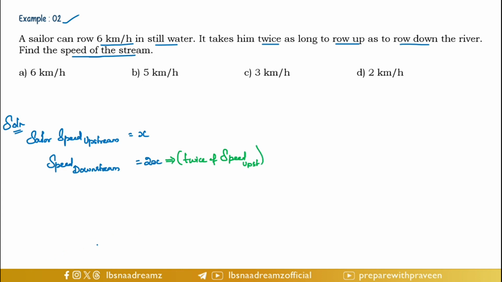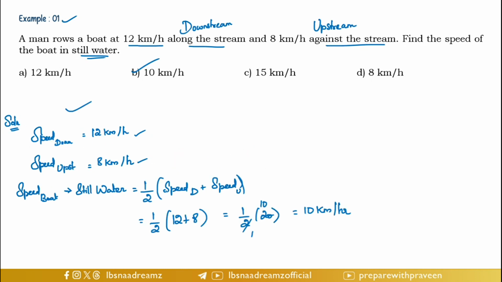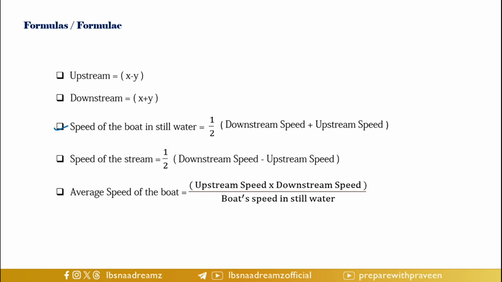Right? So the man's speed, that is the sailor's speed in still water, is equal to, what is the formula? Still water is equal to 1 by 2 into downstream speed plus upstream speed.